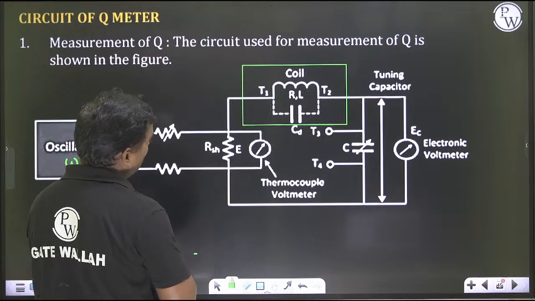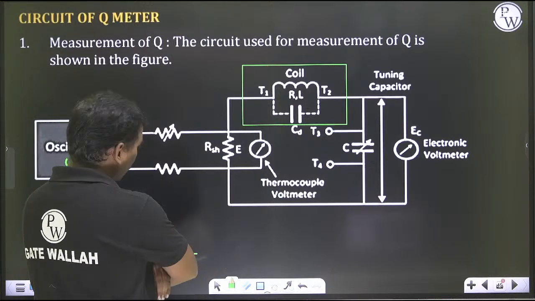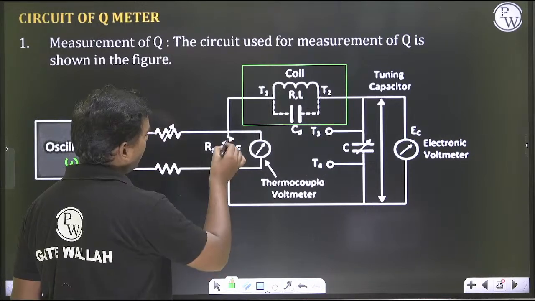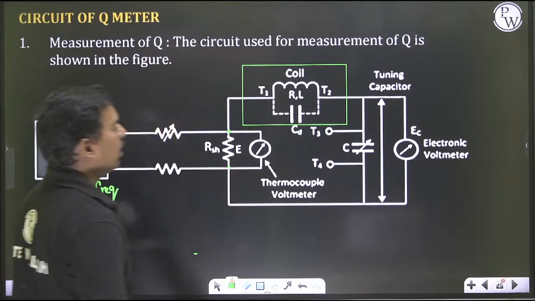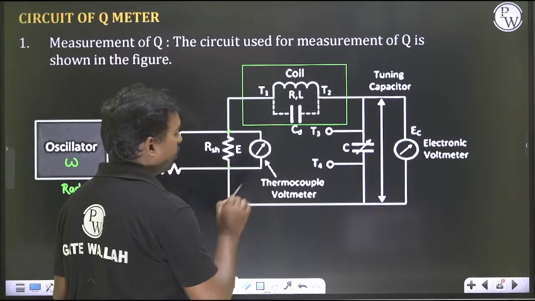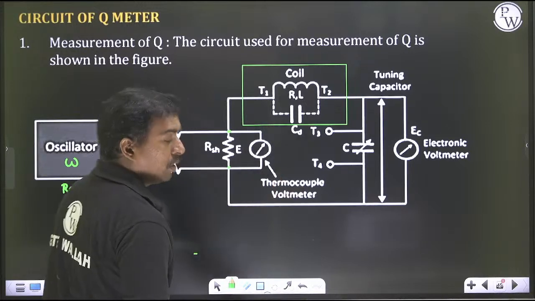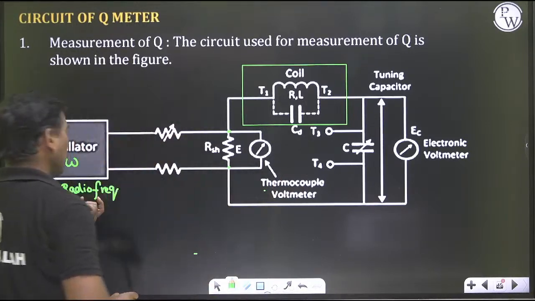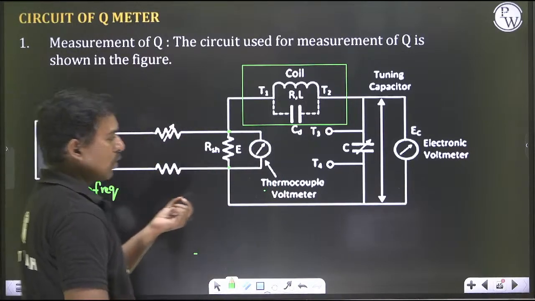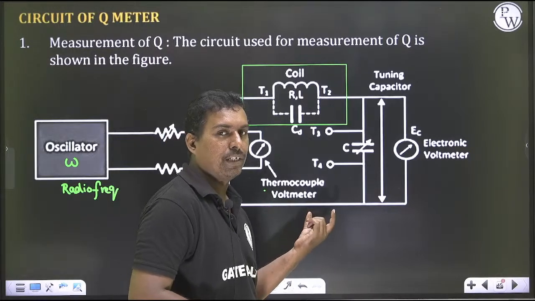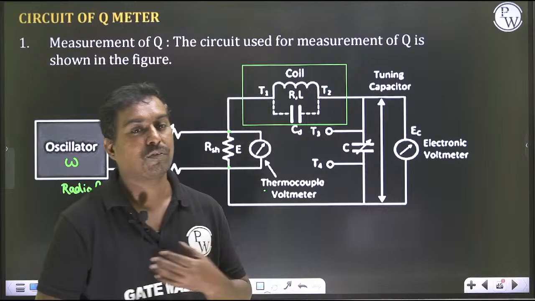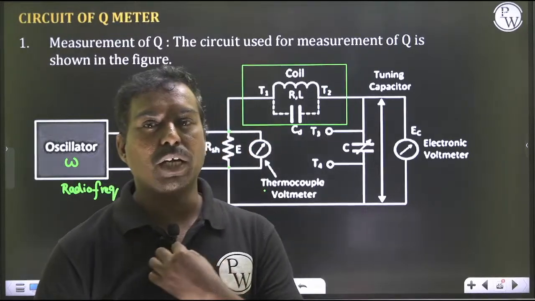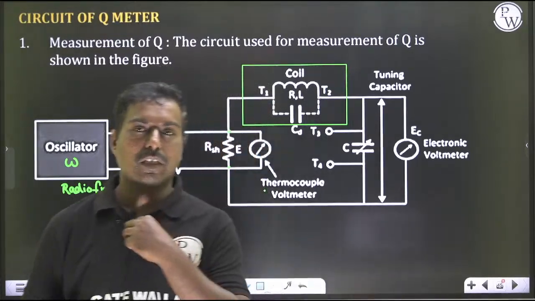Whatever voltage we are getting across this shunt resistor, we can read using a thermocouple voltmeter. Why a thermocouple voltmeter? Because we are using high frequency. Why are you not using the PMMC, the moving iron, or the dynamometer? The dynamometer also has a frequency limitation; it cannot go beyond certain kilohertz.